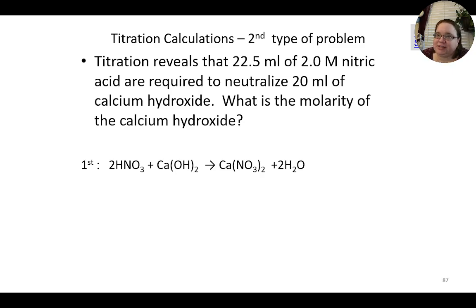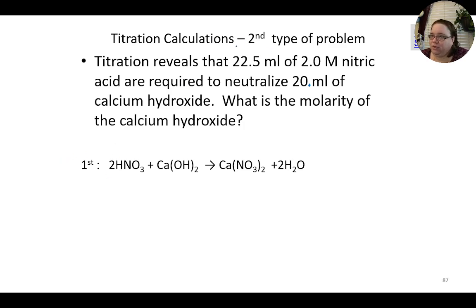So let's look at this example. Titration reveals that 22.5 milliliters of 2.0 molar nitric acid are required to neutralize 20 milliliters of calcium hydroxide. What's the molarity of the calcium hydroxide? So we have our balanced equation.